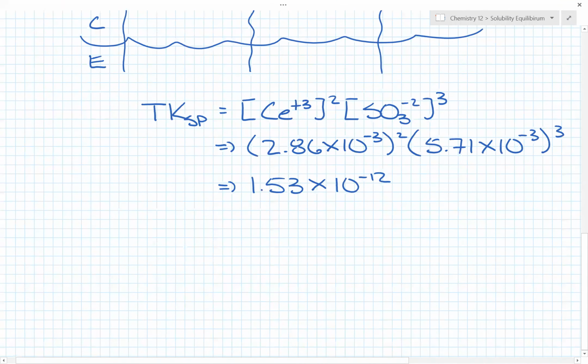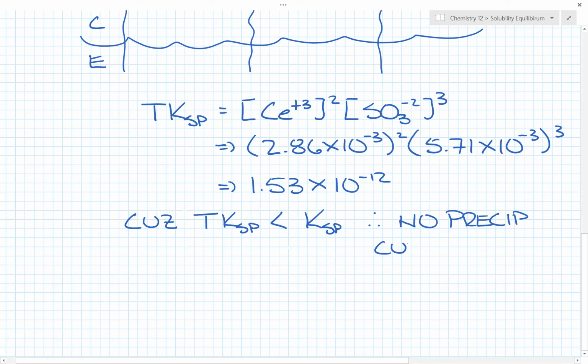So in this particular case, because trial KSP is less than KSP, therefore, no precipitate. Because not enough ions. Okay?